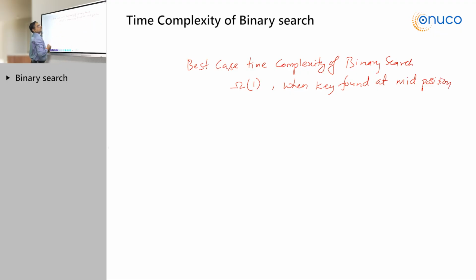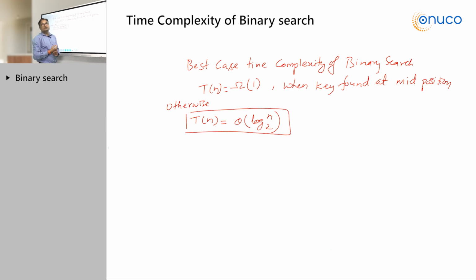When the key is found at the mid position, the time complexity T of n will be omega of 1. Only one comparison is required. Otherwise T of n is equal to theta of log n base 2. In the worst case, time complexity will be theta of log n base 2.